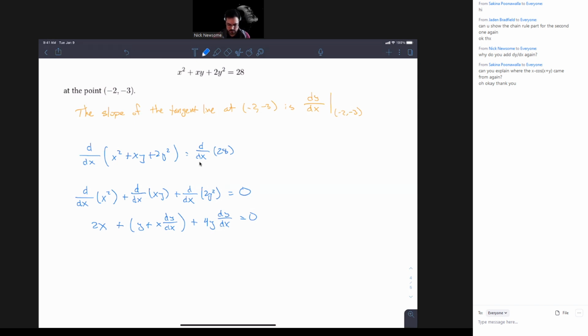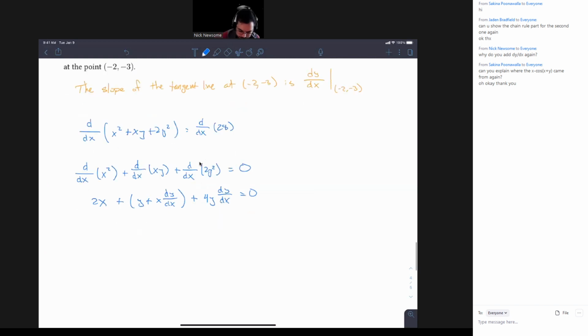Alrighty. So let's solve for dy dx. Things that have dy dx are x and 4y. And things that do not have dy dx are a 2x and a y, but I'll subtract those to the other side.